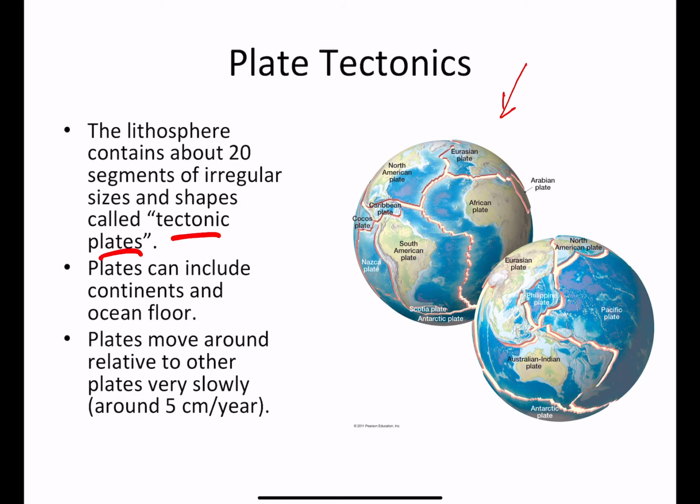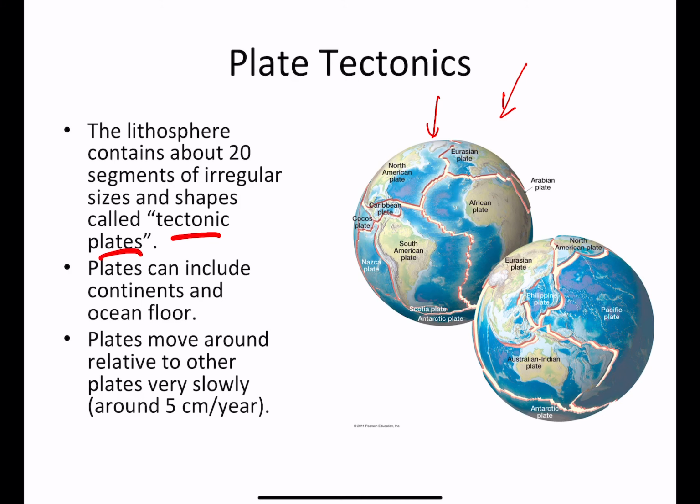A tectonic plate can include oceans, and it can include continents and the ocean floor. Sometimes people have the misconception that a tectonic plate is what we see as the continents today, but that's not quite true. You can see that this tectonic plate right here, called the North American plate, consists of North America and part of the Atlantic Ocean as well.